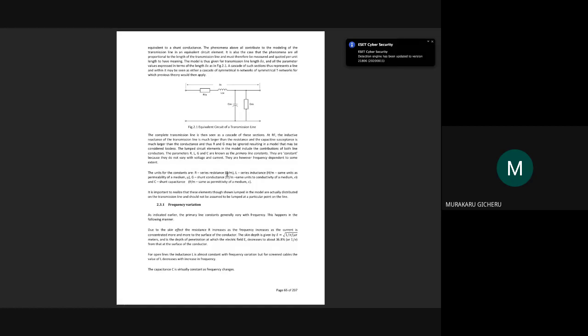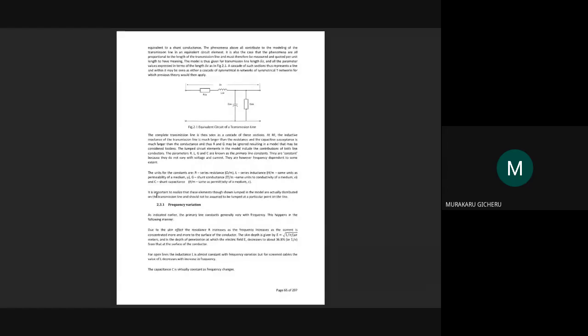So it's ohms per meter. The series inductance is henries per meter, and remember these are the same units as the permeability of a medium, mu, is L. G, the shunt conductance, is in mhos per meter, which is the same units as the conductivity, and shunt capacitance is the same as the permittivity.